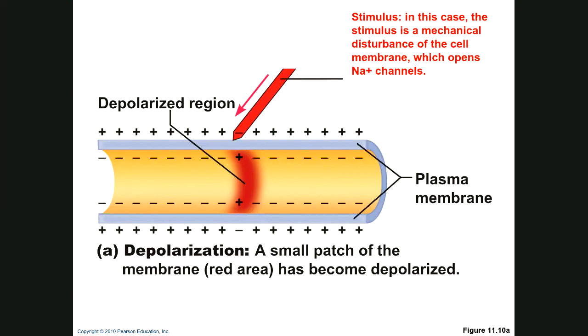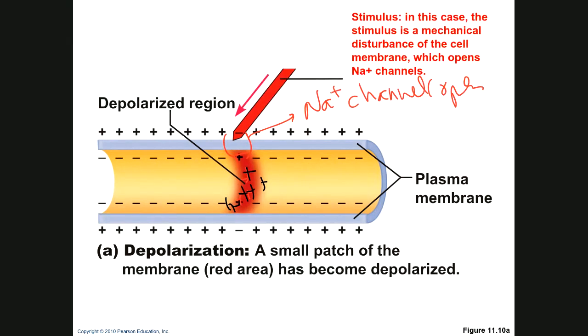So here's a stimulus arriving. The stimulus is a needle poking the skin, for example. This causes an opening of sodium channels, and a wave of sodium goes into the cell. Because positive charges repel each other, they're not going to hover next to each other.